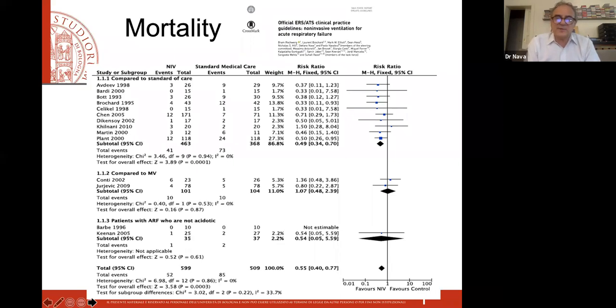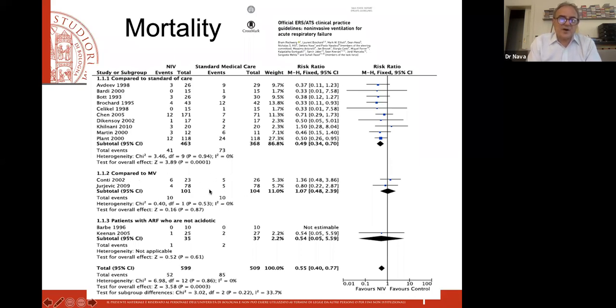Well, this is what the methodologists did for us: 3 different subgroups of people, from top to bottom. The studies dealing with NIV versus standard medical care here. Obviously, this is the overall effect, statistically significant.